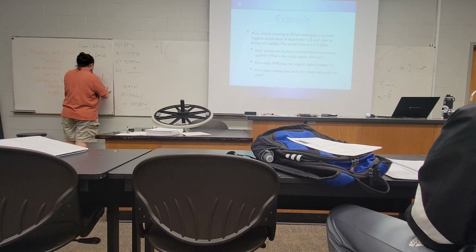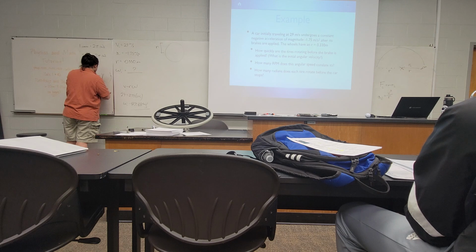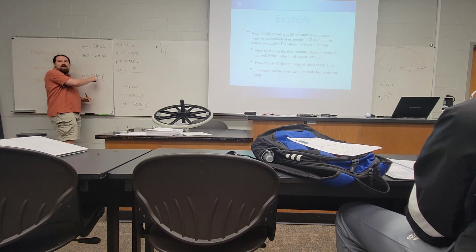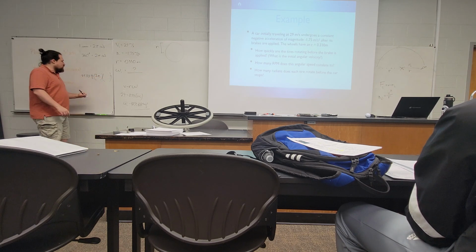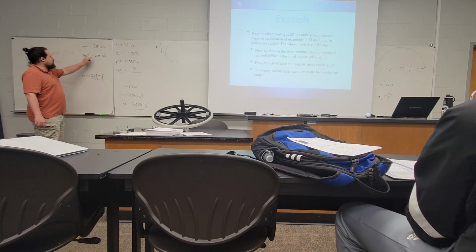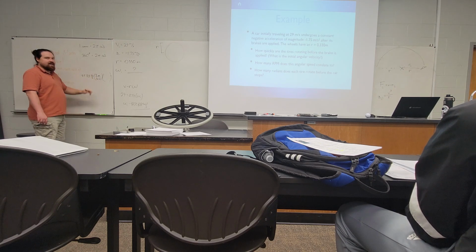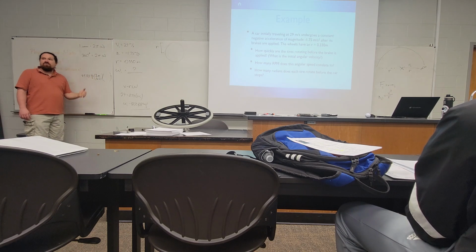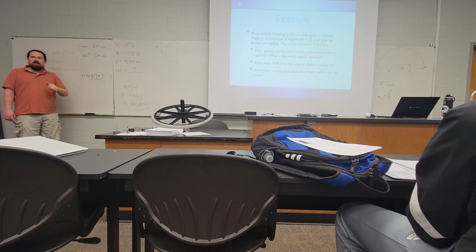So that would make 1 rotation, which I usually just abbreviate to rot, over 2 pi rad. So just turning this equivalency into a fraction in such a way that radians will cancel out. So we need to divide by 2 pi radians to turn radians into rotations.